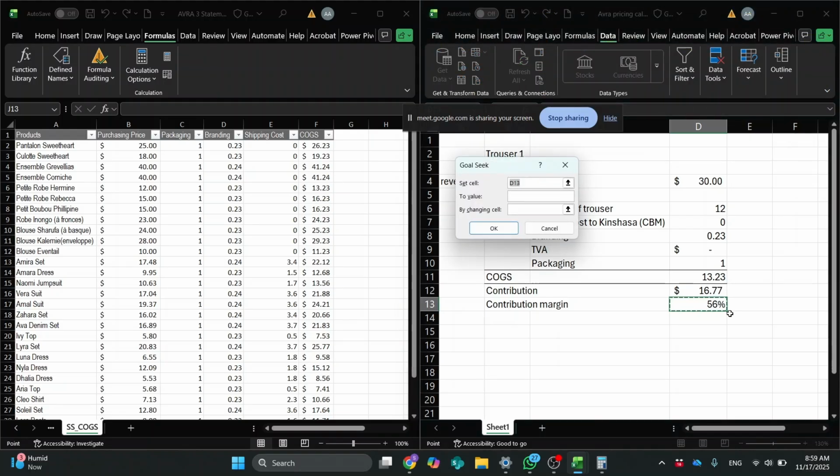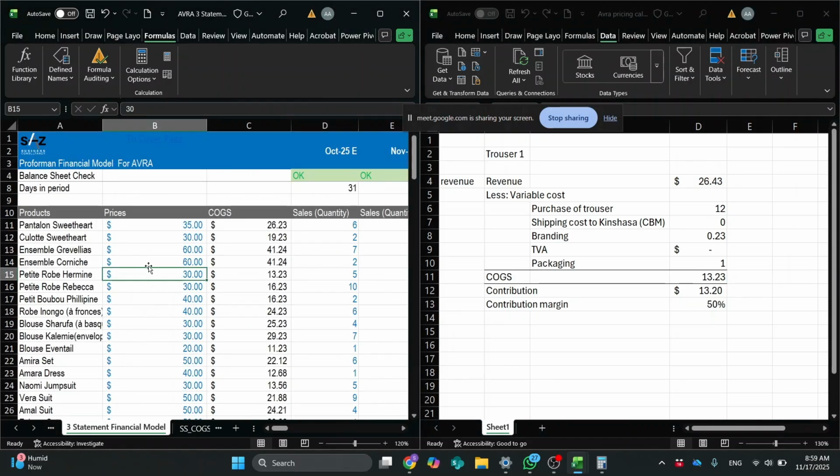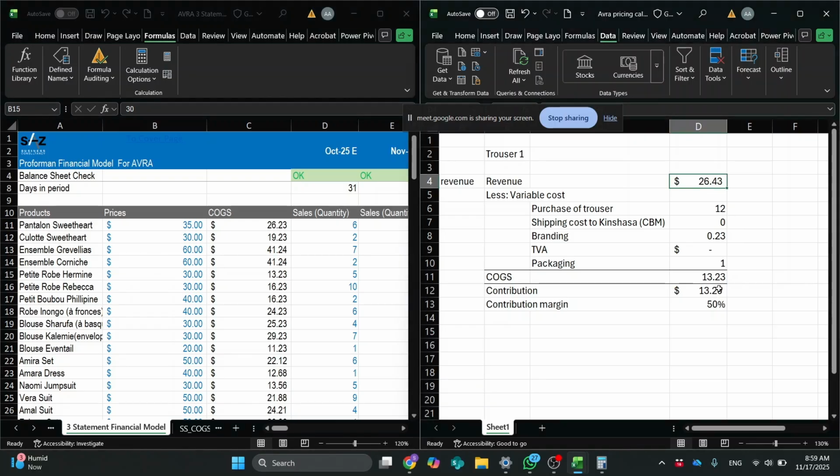We want that to be 0.5 by changing the selling price. So you see this one, it meets your criteria, meaning that you are actually selling it at $30 currently, and your contribution is 2.2.